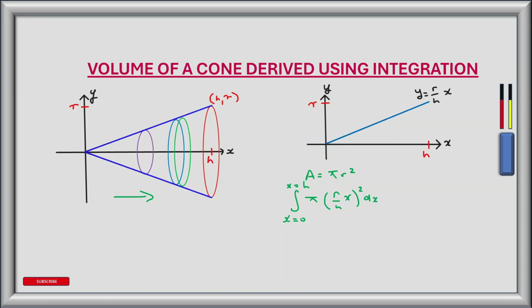If we now take all the constants outside of the integral, this becomes pi r squared over h squared multiplied into the integral from 0 to h of x squared dx.